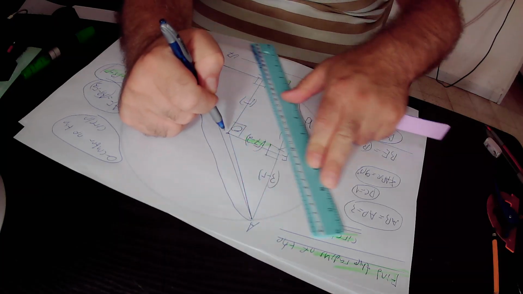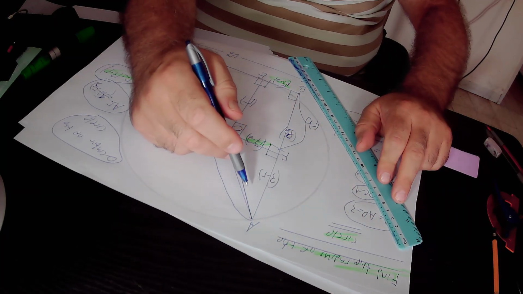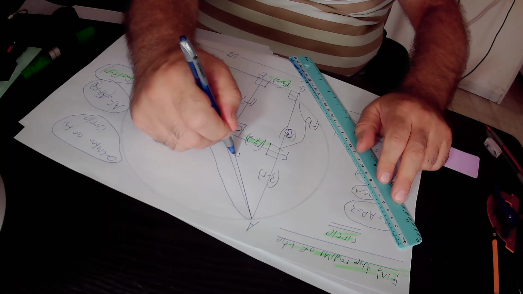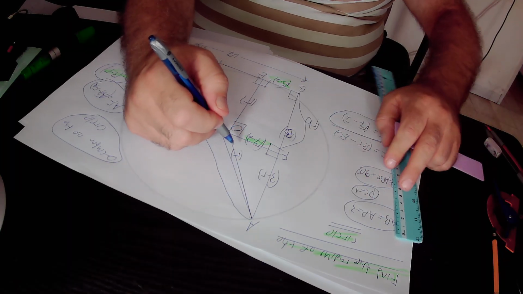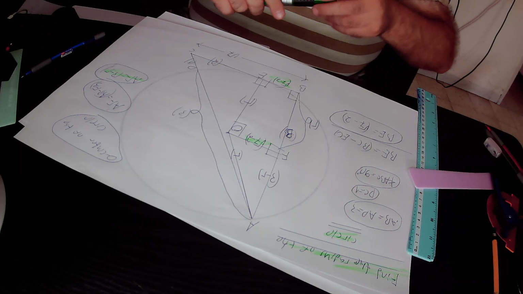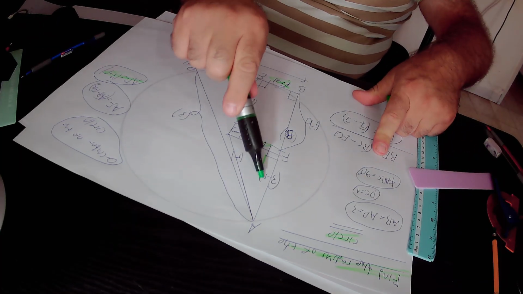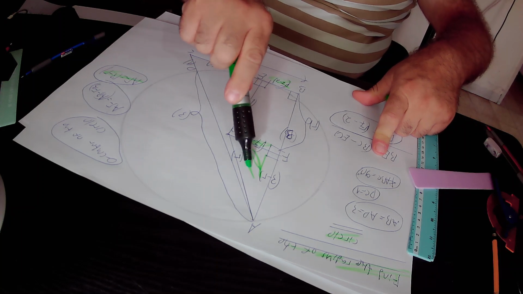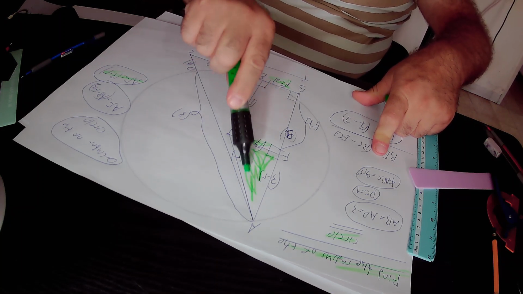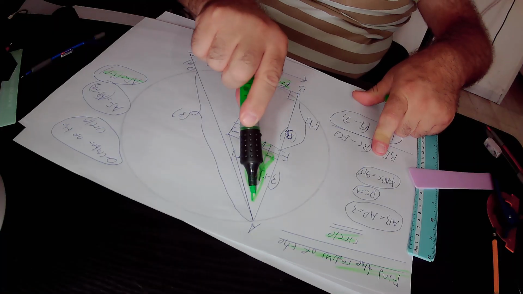Point O is the center of the circle, and point A is a point on the circle itself, therefore AO is the radius of this circle, which equals R. In the next step, I'll copy the green right triangle AFO to a new page, and we will apply the Pythagorean theorem on this right green triangle, triangle AFO.